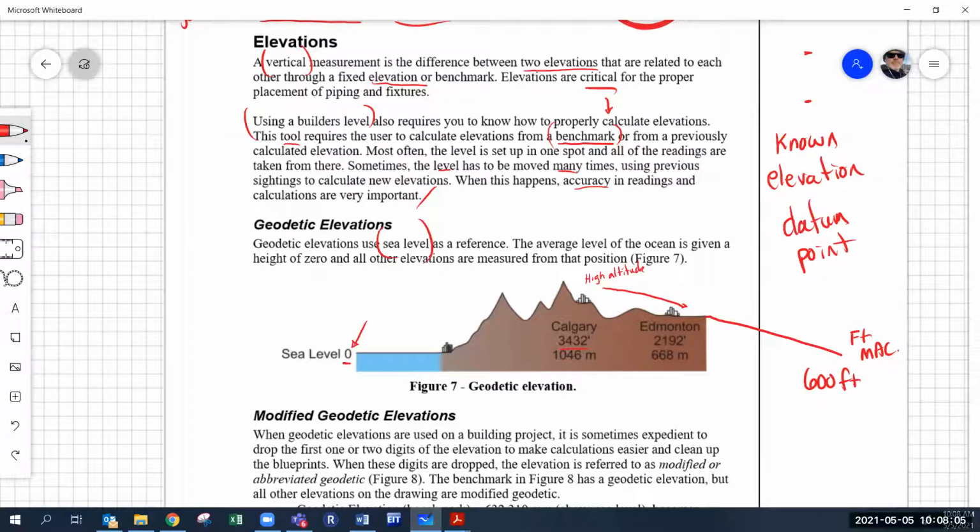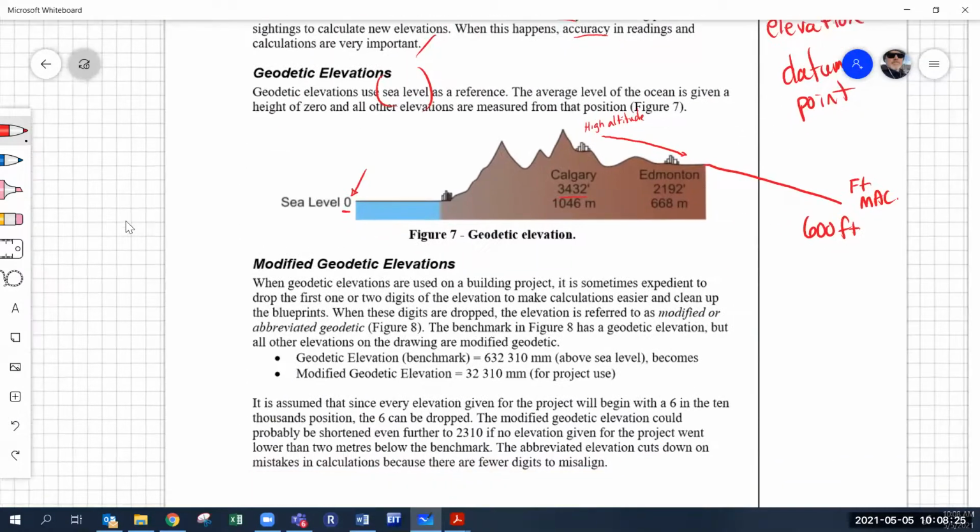Fort Mac is about 600 feet above sea level. So the more you go north in this province, you are actually going downhill. So that's just an aside note, if you didn't know that.